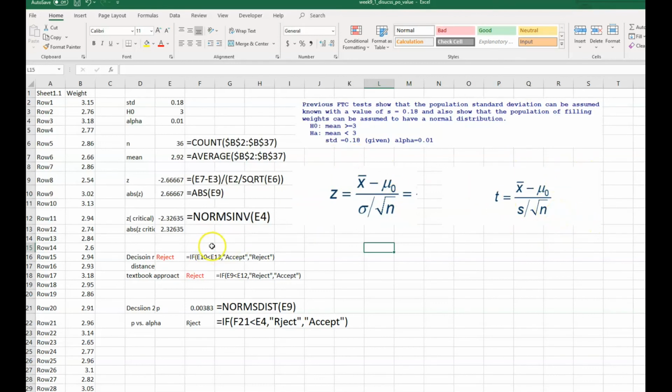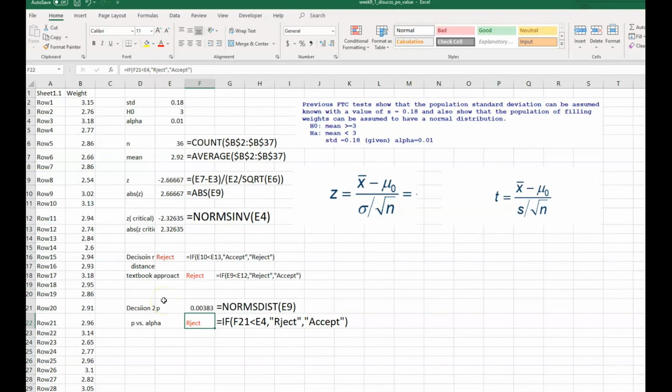I think the key is how to calculate Z and how to use absolute value. So for the Z value, we apply this formula. Then we compare the absolute Z value with the absolute critical value. If our value is less than the critical value, we accept because it is inside the range. Otherwise, we reject.